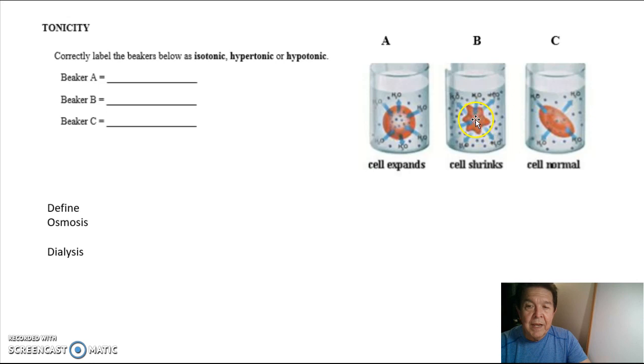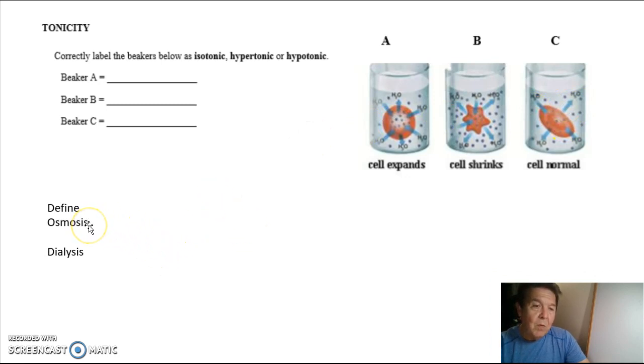In the second case it is the opposite. We have more concentration outside and water goes out. Thus, hypertonic solution. And in the last case is isotonic solution. Water goes in and goes out at the same rate.